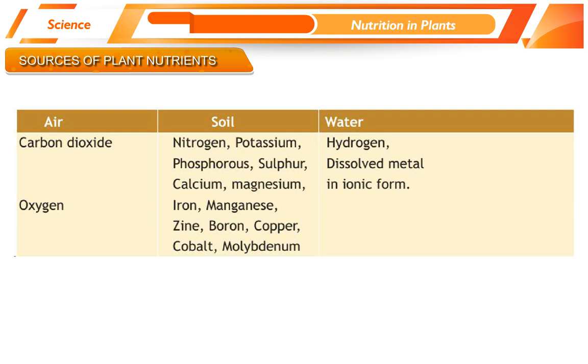Air: carbon dioxide, oxygen. Soil: nitrogen, potassium, phosphorus, sulfur, calcium, magnesium, iron, manganese, zinc, boron, copper, cobalt, molybdenum. Water: hydrogen, dissolved metal in ionic form.